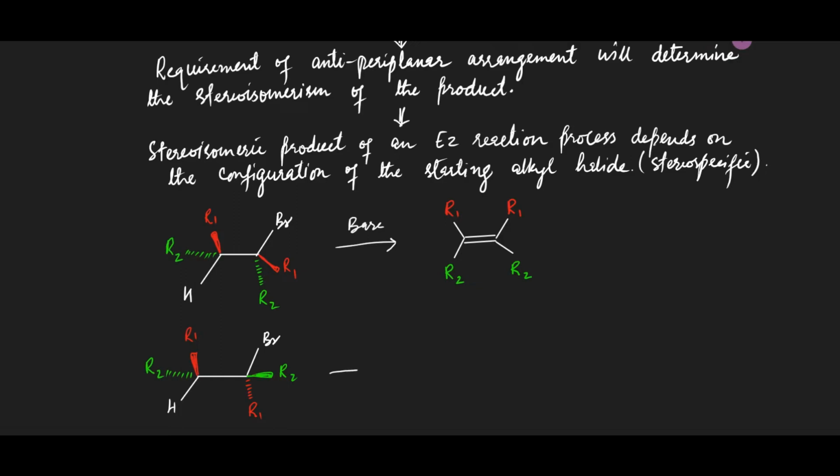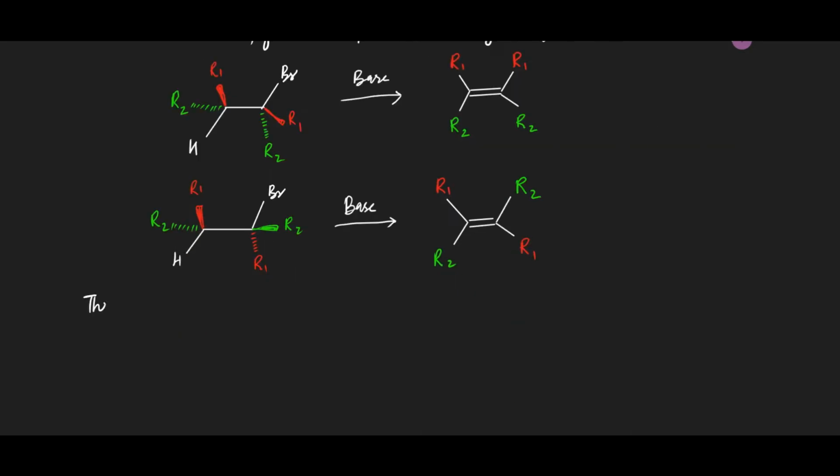Similarly, in this second example, H and Br has required anti-arrangement for E2 elimination. Red-colored R1, on both carbons is opposite, so are the green-colored R2, on both carbons.